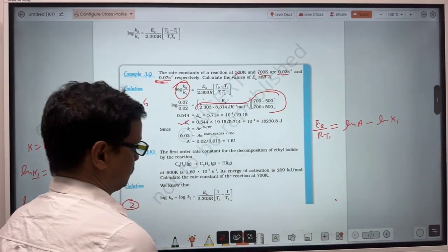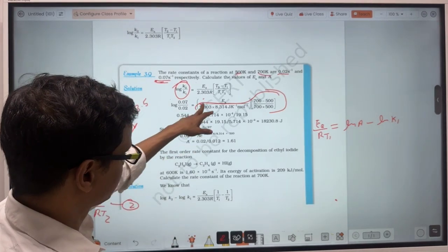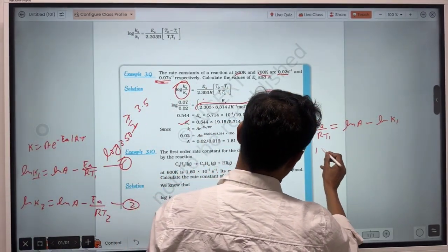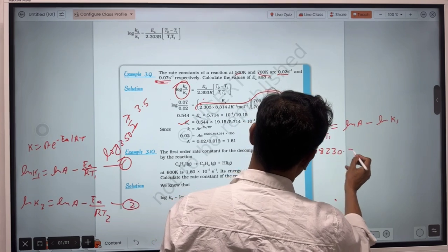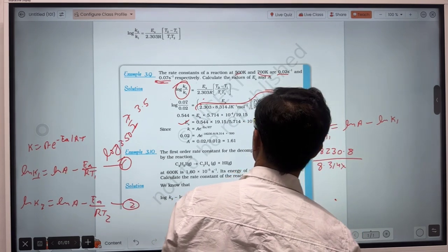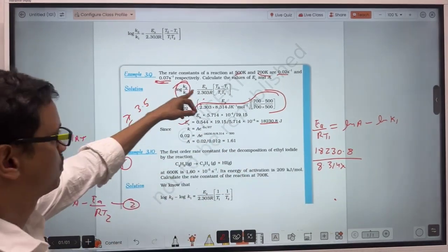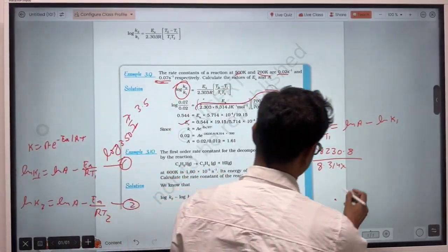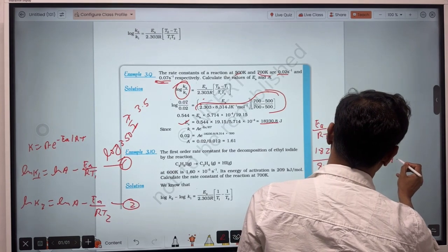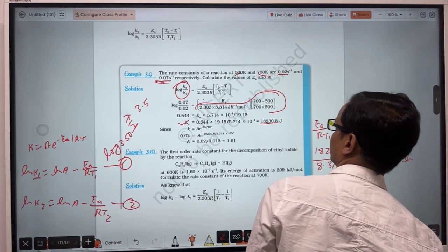EA upon RT1 you calculate. EA, activation energy, is given here, this much: 18230.8. R is 8.314. Temperature here is T1, so 500 Kelvin. That will be equal to log A minus log K1.